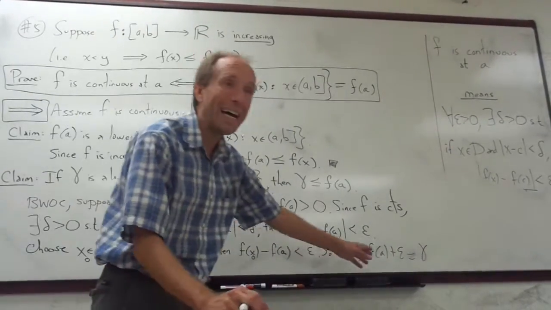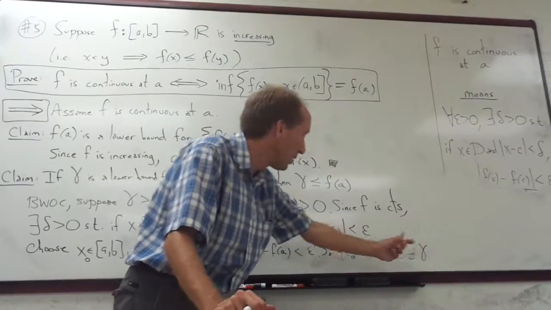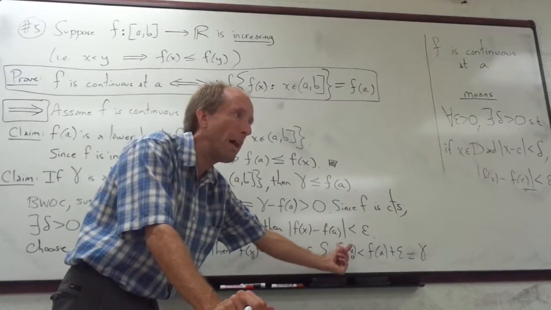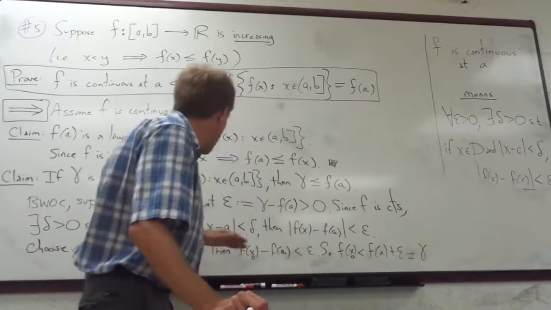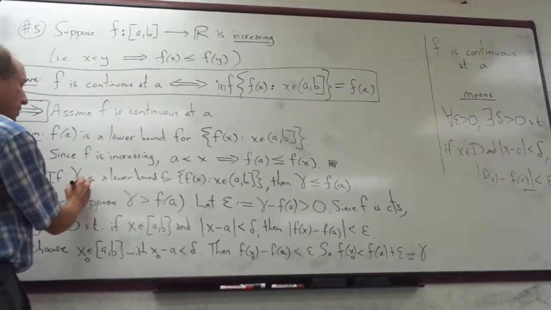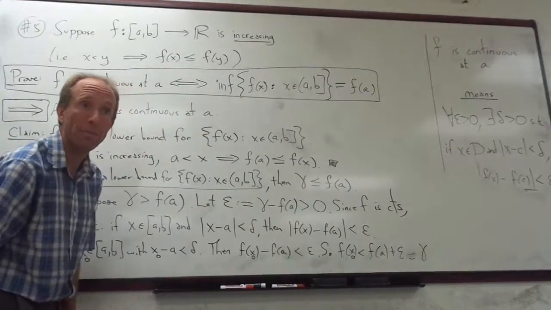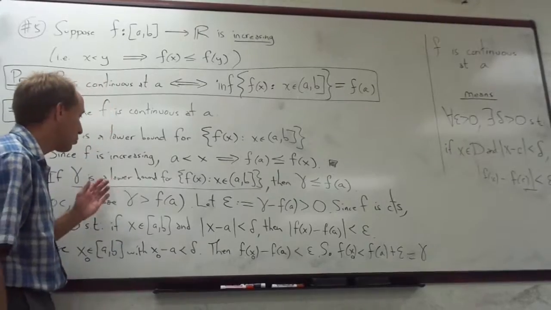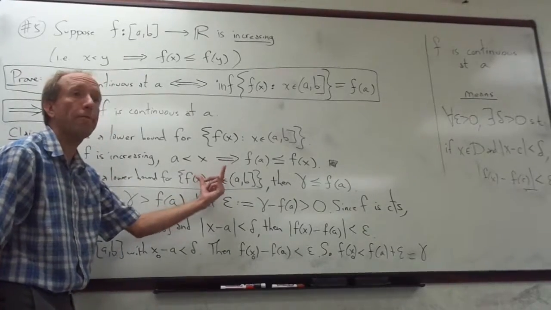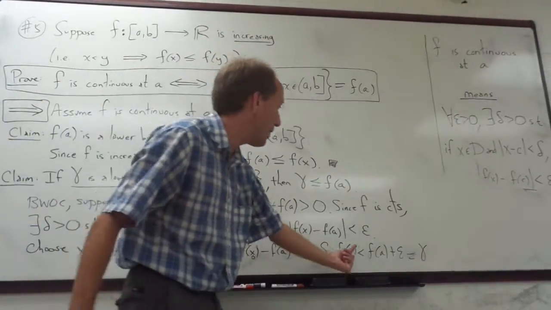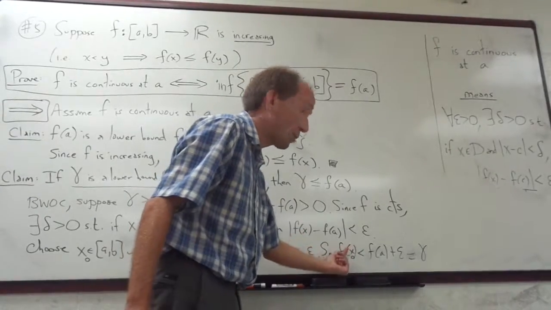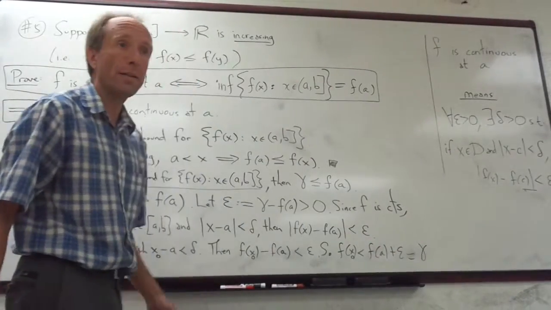And now what do you have? You have gamma larger than some value f of x naught. But gamma was assumed to be a lower bound for that set. Gamma was supposed to be less than or equal to all f of x's. And here I have an f of x, namely f of x naught, that gamma is not less than or equal to.